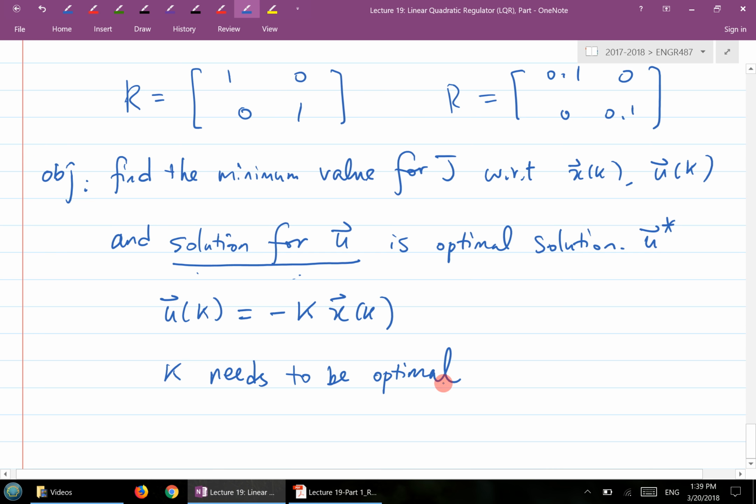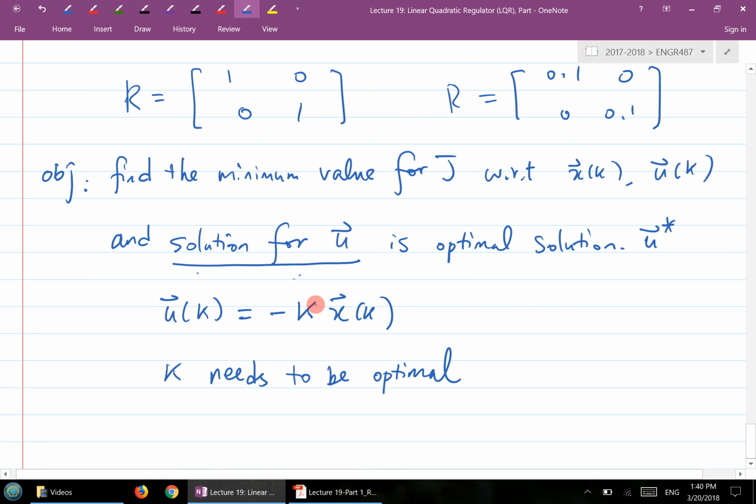So ultimately, finding an optimal solution for U leads to finding an optimal solution for the feedback gain matrix K. It just boils down to how we can find this K matrix and plug it over here, then you get an optimal control basically, right?